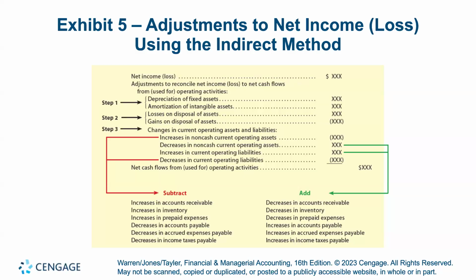I'll explain this a little bit more. And I'm going to add decreases for non-cash current operating assets. And then I'm going to add increases for liabilities and subtract decreases for liabilities. That's confusing. So let me show you it in the example and explain it a little bit better.